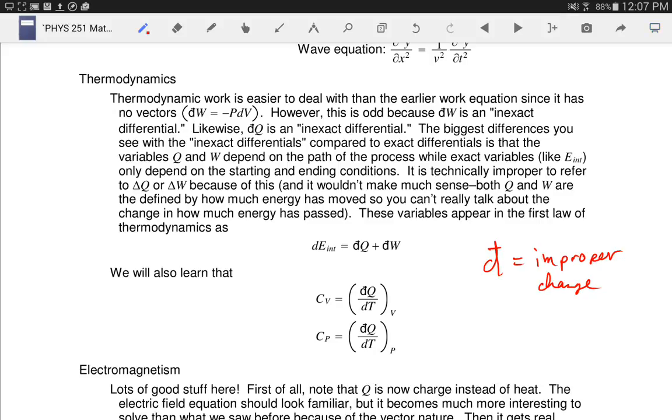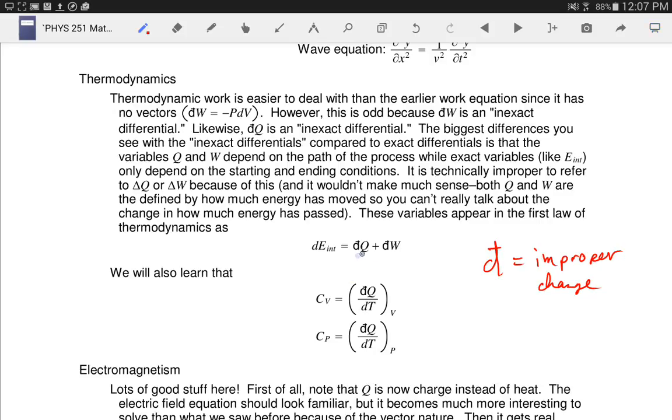So the heat is how much energy moved from here to here, or the work is how much energy was transferred. They're both transfers of energy. And so when I put this đQ, I'm actually using what we call the heat, but I'm calling it d heat, hence the improper thing, because it is the change.